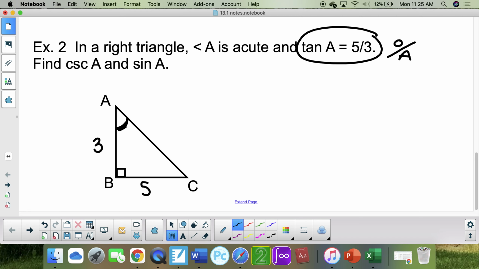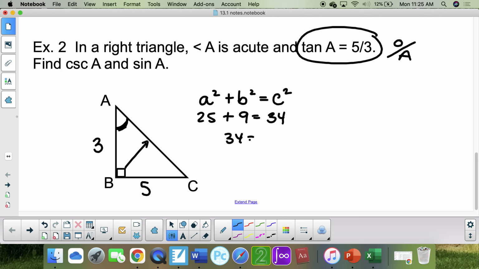In order to find the missing side of this triangle, which is the hypotenuse, you have to use the famous Pythagorean theorem. A squared plus B squared equals C squared. A squared is 25 because that's 5 squared, and B squared is 3 squared, which is 9, which makes 34. But then you have to take the square root of 34.